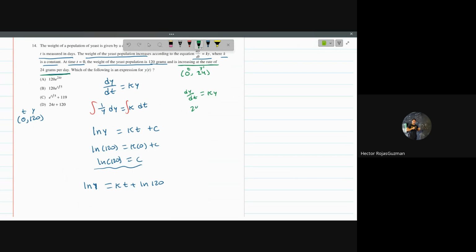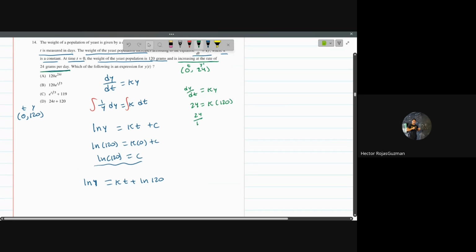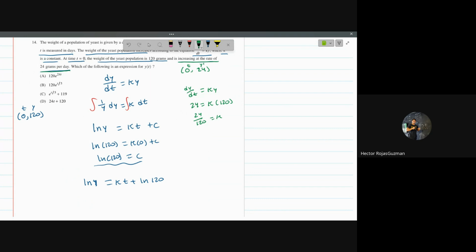The rate is 24, k is k, and y at t equals 0, we know that's 120. There we go. Now we can go ahead and solve for k. This can be reduced by 2, and then we can reduce it by 12. That's your k.